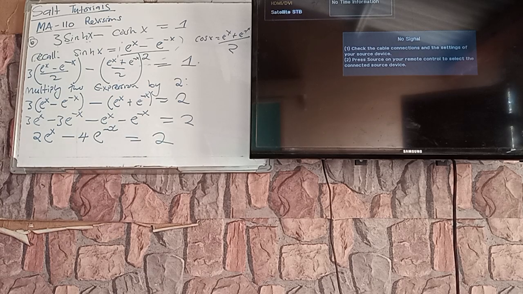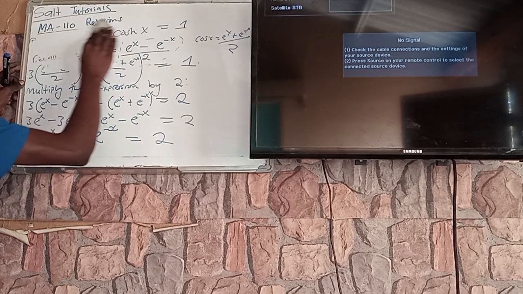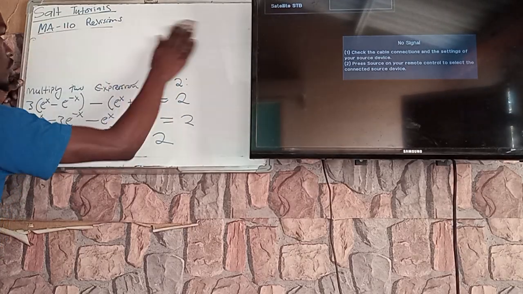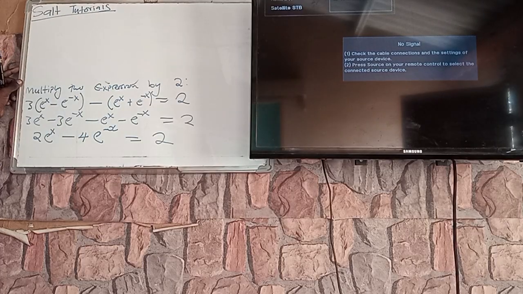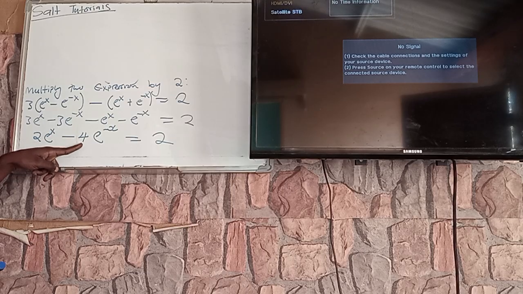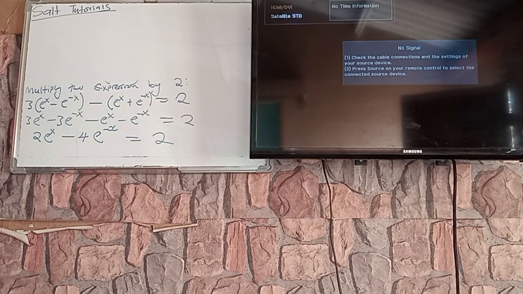That's what we have. Then from there, let me just delete the top part. From there, what am I going to have? We're now going to have 2e^x minus 4e^(-x) to be equal to what? A 2.